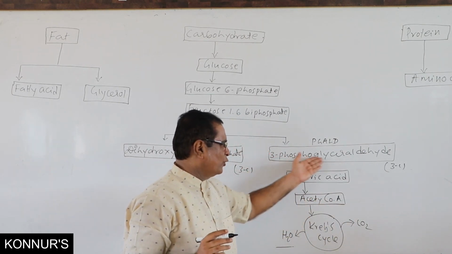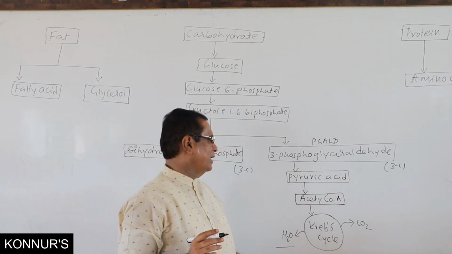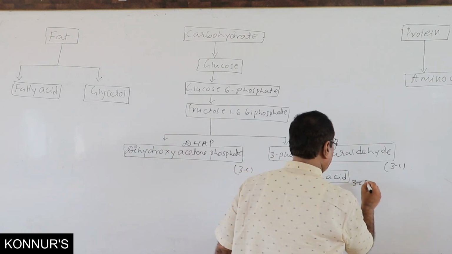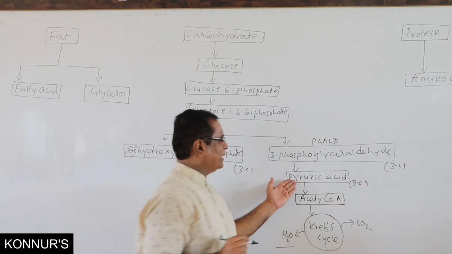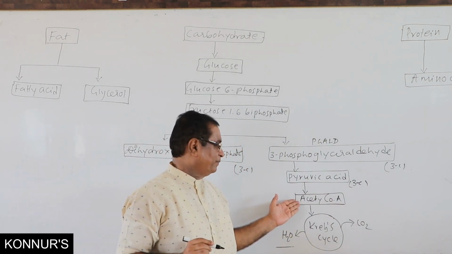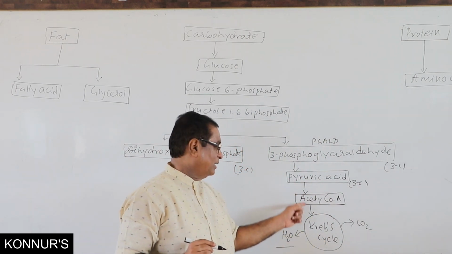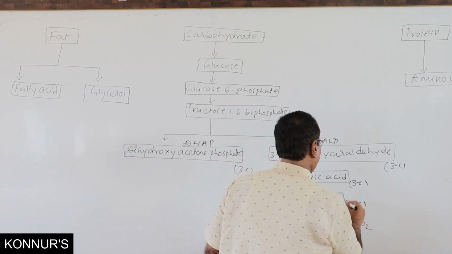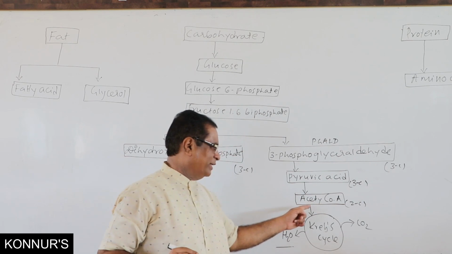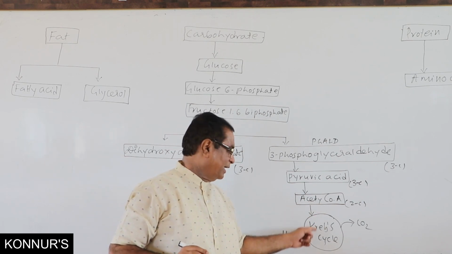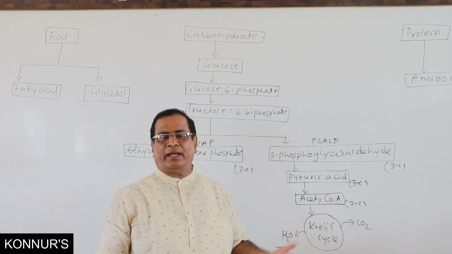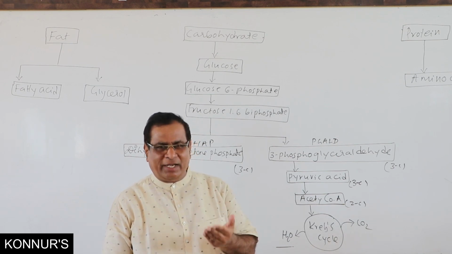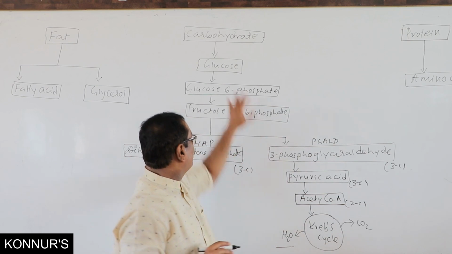From 3-phosphoglyceraldehyde, pyruvic acid is formed. Once it goes to the matrix, where the Krebs cycle takes place, acetyl coenzyme A is formed. This acetyl coenzyme A in the matrix enters into the Krebs cycle, where NADH2, FADH2 and GTPs are formed.